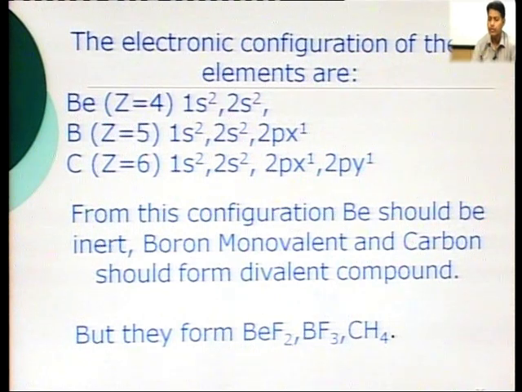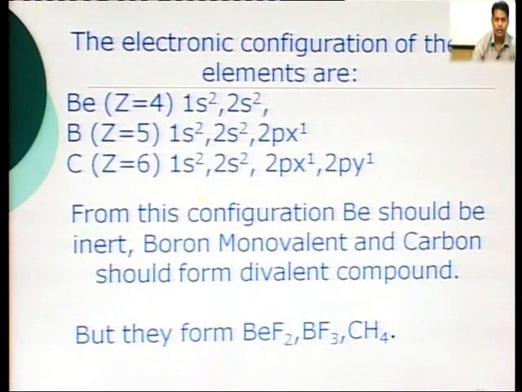The electron configurations of the elements are: the atomic number of beryllium is 4, electron configuration 1s2, 2s2; boron, atomic number 5, electron configuration 1s2, 2s2, 2px1; and carbon, atomic number 6, electron configuration 1s2, 2s2, 2px1, 2py1.